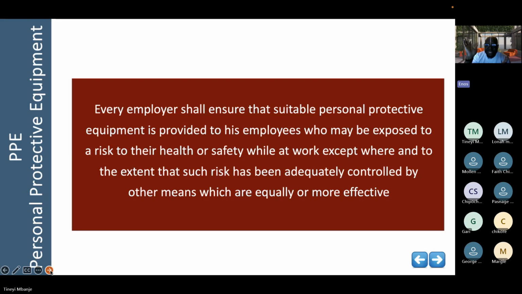They work together, they complement one another, and every employer shall ensure suitable personal protective equipment is provided to his employees who may be exposed to a risk to their health and safety while at work. It's mandatory.